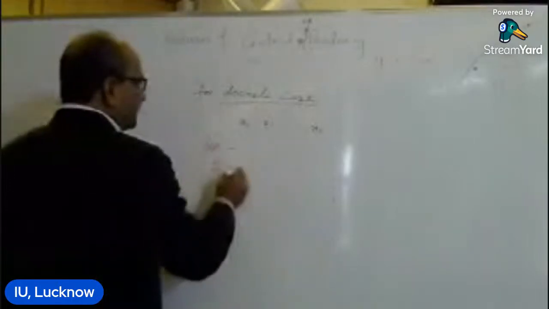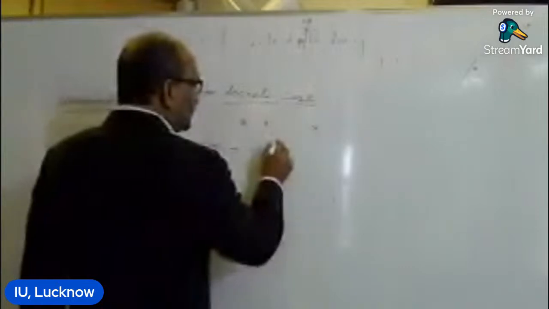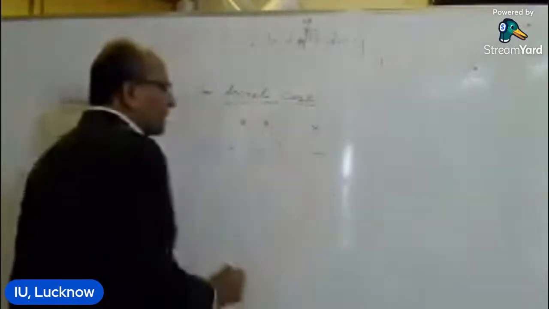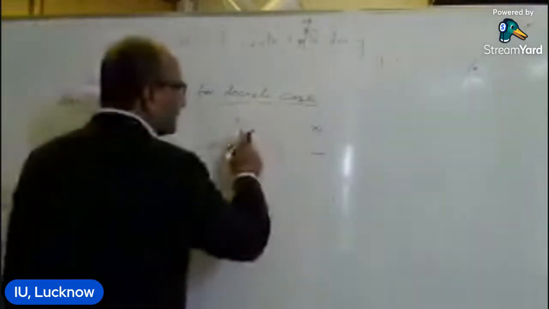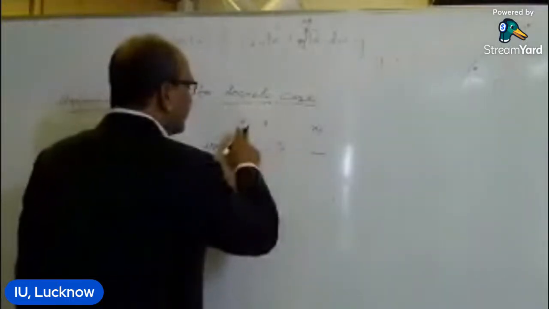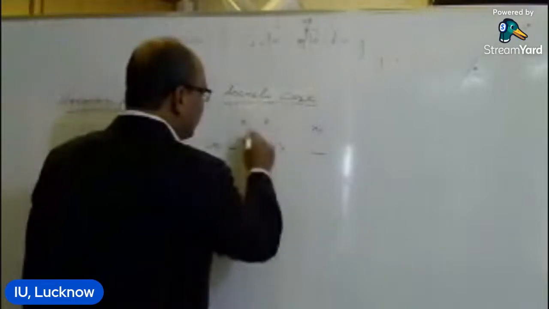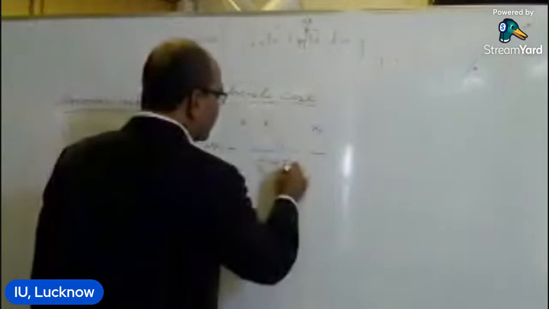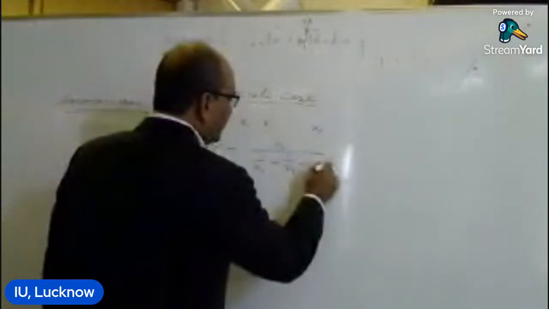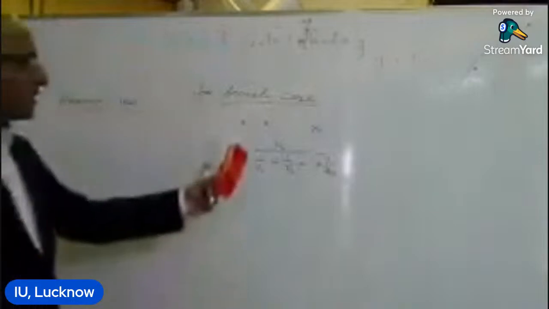It is the total number of observations divided by the sum of the reciprocals of the observations: 1 upon x1, 1 upon x2, like this, up to 1 upon xn. n, the total number of observations, divided by this. You can obtain the formula like this.